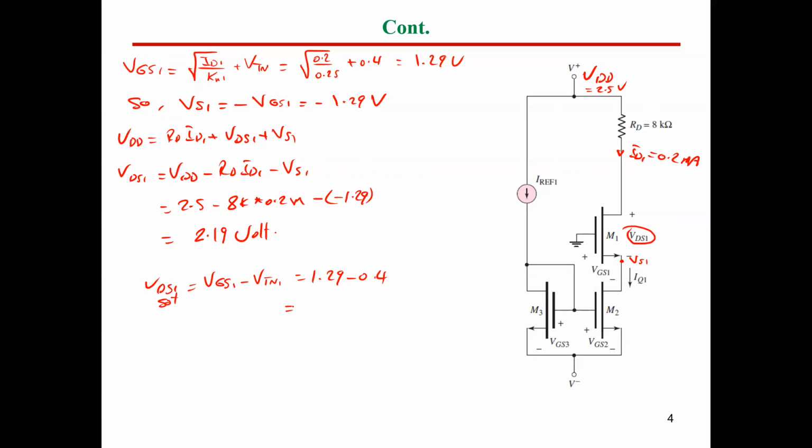So this one for sure is working in saturation. VDS1 is greater than VGS1 minus VTN1, so our transistor is working in saturation mode.